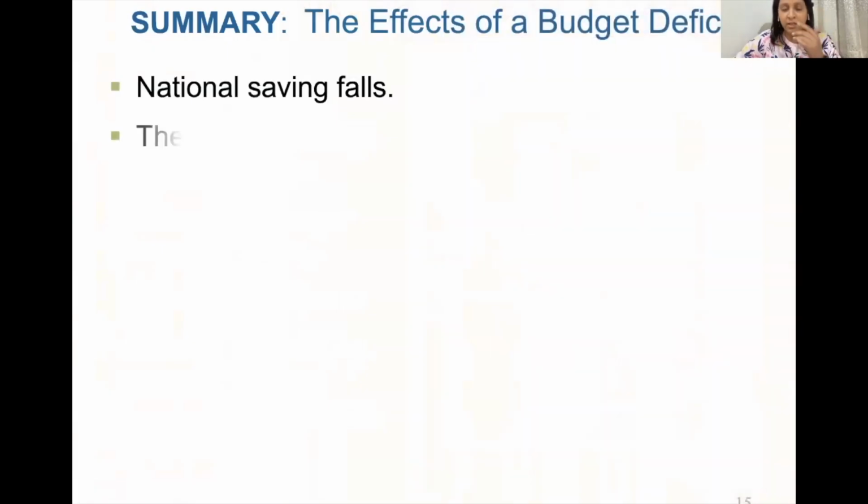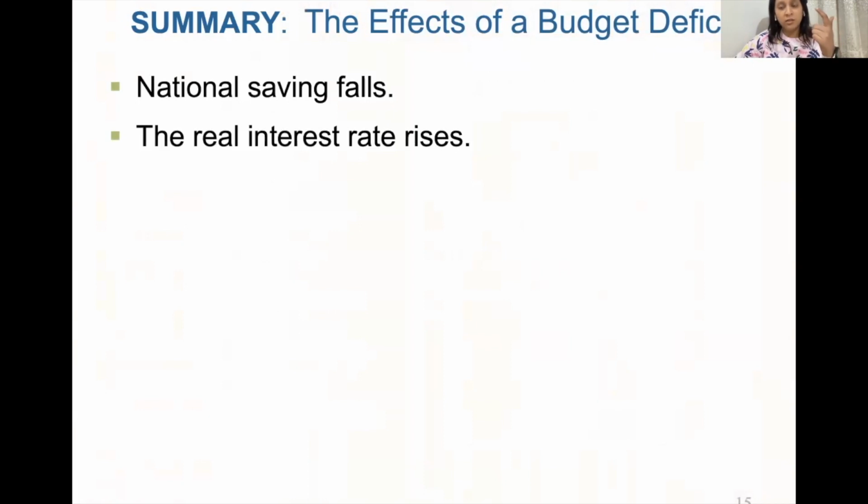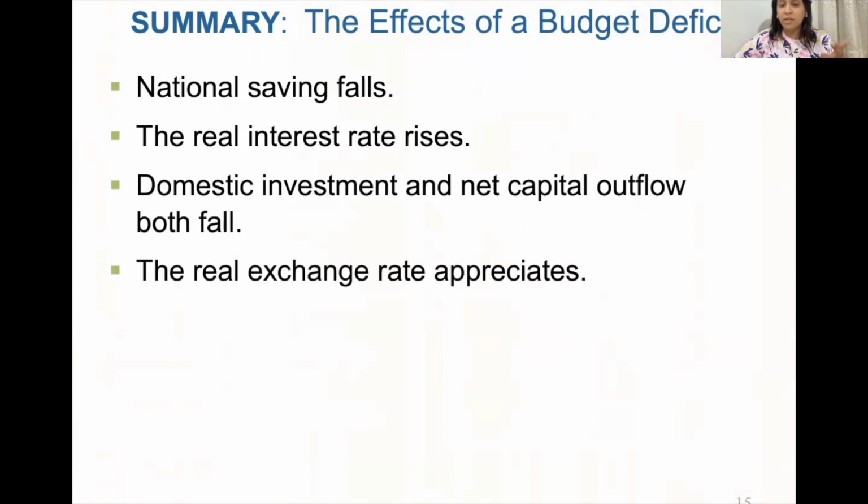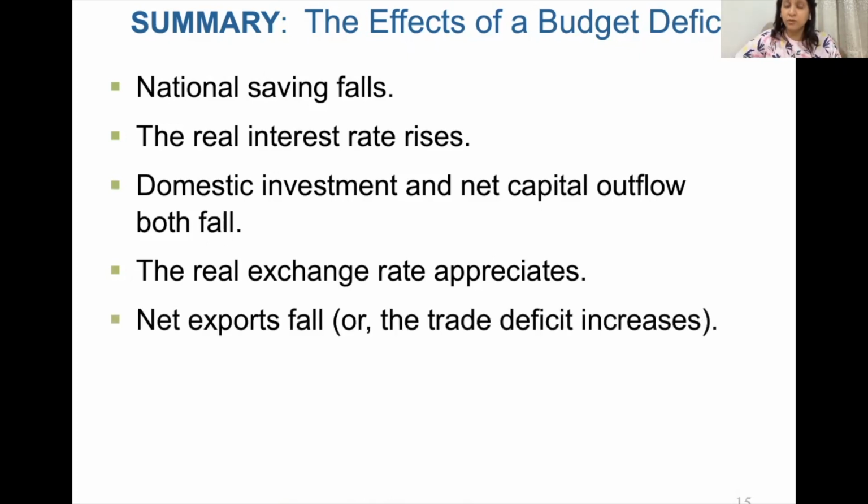Now, to summarize from the start, there's a government deficit, the national savings are going to fall. In the previous diagram, we see that the saving curve shifts towards the left, and that leads to a rise in the interest rates. Because of the rise in the interest rate, when we take it down to the NCO, your NCO is going to fall, right? Because your domestic investment and capital outflow both are going to fall. So when the real exchange rate appreciates, as seen in the last one, your net exports fall.